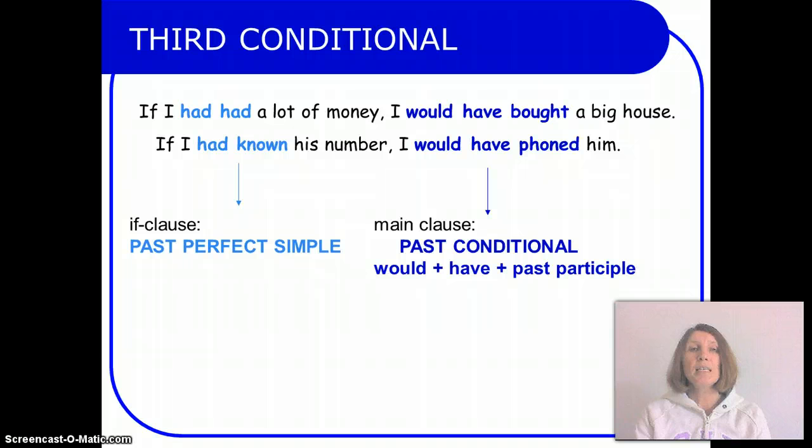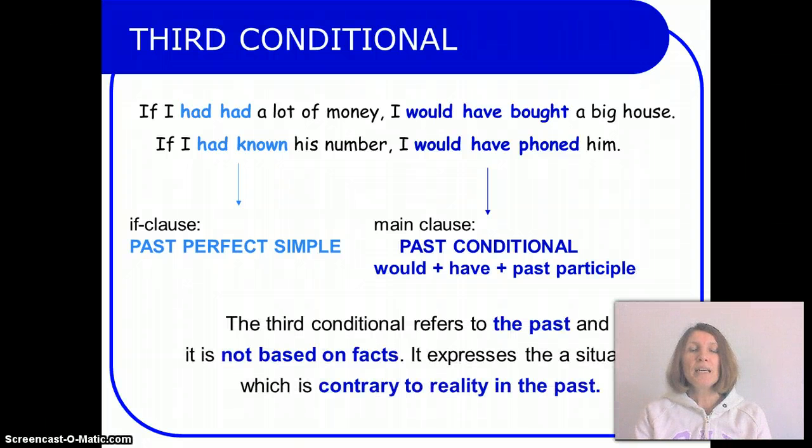So the third conditional uses the past perfect simple in the if dependent clause. And then in the main clause, it uses the past conditional: would plus have plus the past participle. In the third conditional, we're talking about the past, something that we would have done.